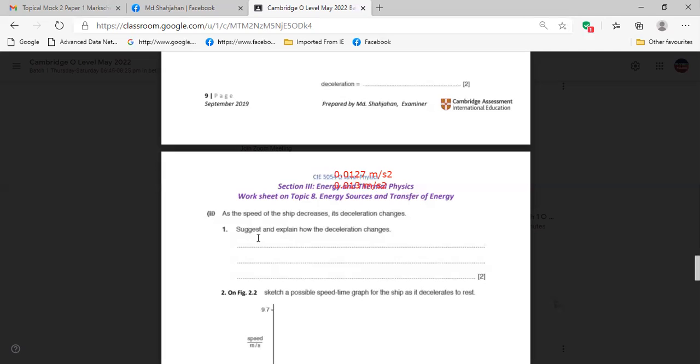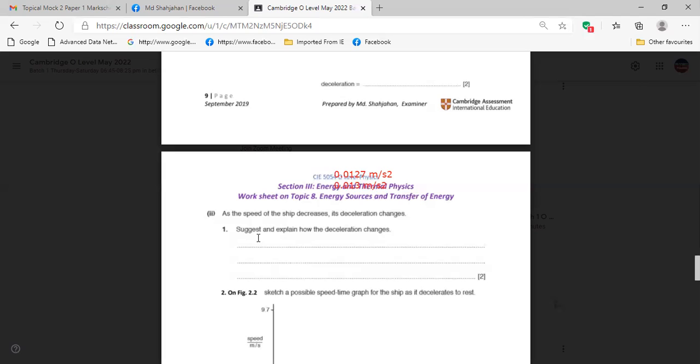Now look at the question. As the speed of the ship decreases, that means we have less opposing force, right? If opposing force is less, we have deceleration also less, because the opposing force is working for deceleration.